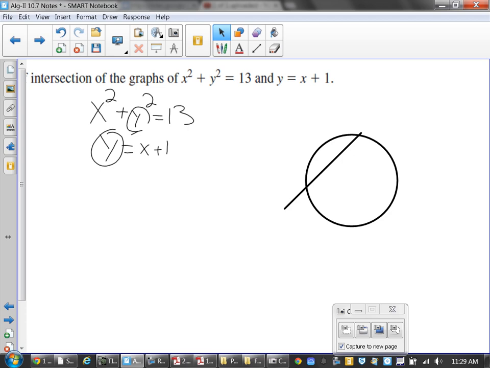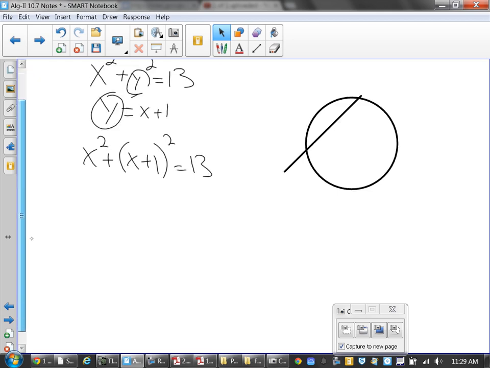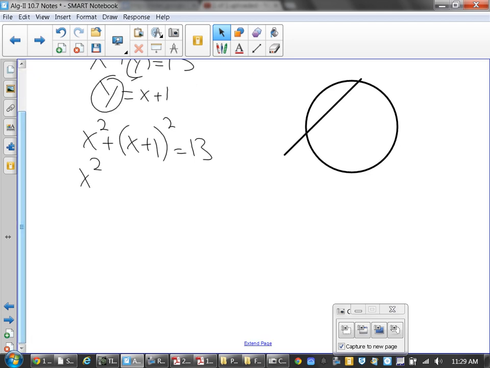X squared plus quantity x plus 1 squared equals 13. Foil it. So you wind up with x squared plus x squared plus 2x plus 1 equals 13.